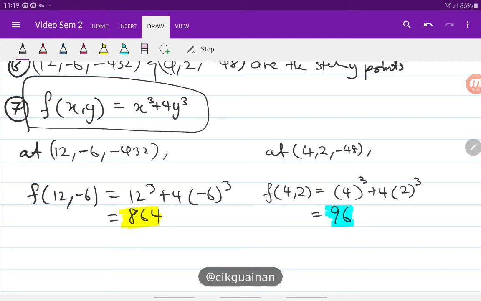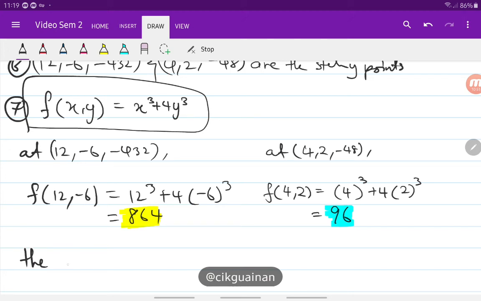So the values can be maximum or minimum. Now, which one is maximum, which one is minimum? It is relative. It means that we have to compare with the other to know whether it's a maximum or minimum. So when we compare the yellow one with the blue one, 864 is the larger number, so this is the maximum value.